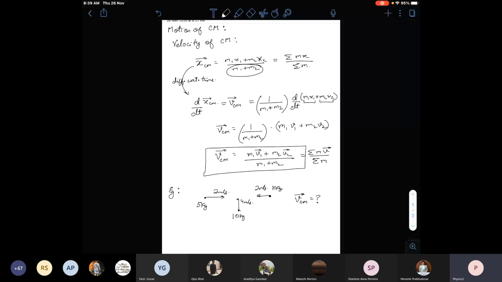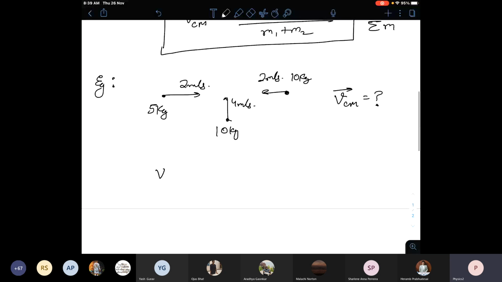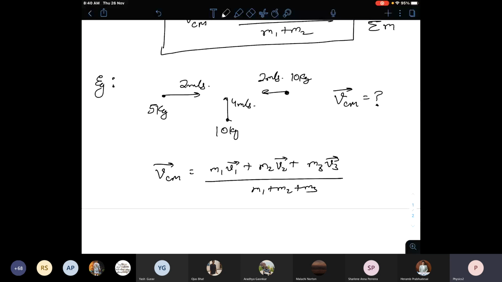Now we can simply use the formula: vcm is m1 v1 plus m2 v2 plus m3 v3 upon m1 plus m2 plus m3. This is the formula for three particles. If it were four, another term would be added, if five, another term would be added, and so on.